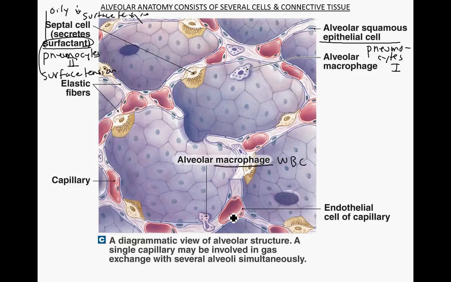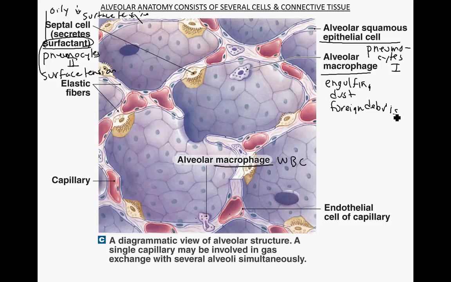These macrophage cells are engulfing, that is eating, dust particles and any sort of foreign debris that may have found its way down into the airways. And so these are immune system defense mechanism cells.